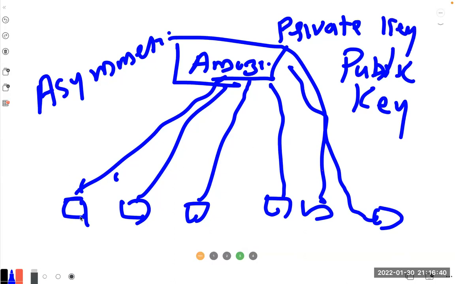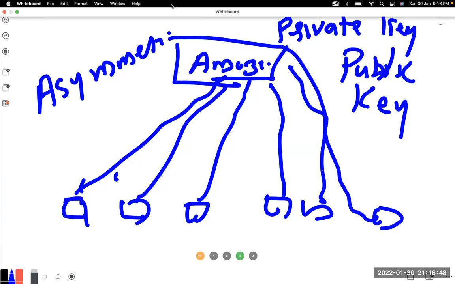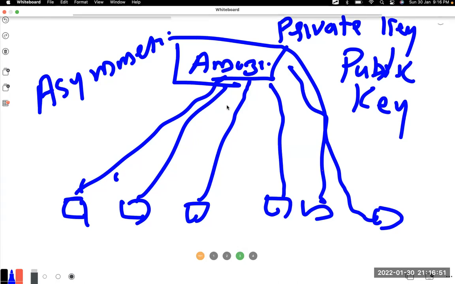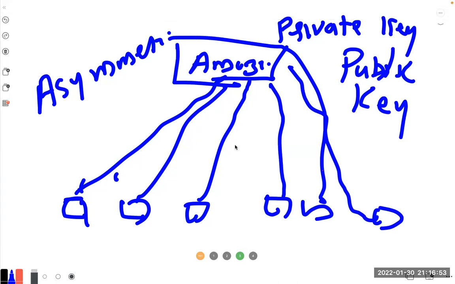So all of these people, the entire world, have something called a public key. And if the entire world has a key, then you must be thinking, what is the point of having a key, right? I mean, only idiots would do that.